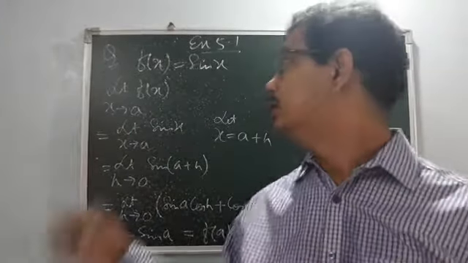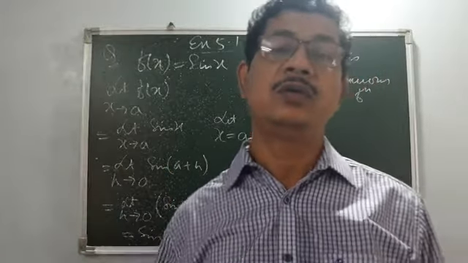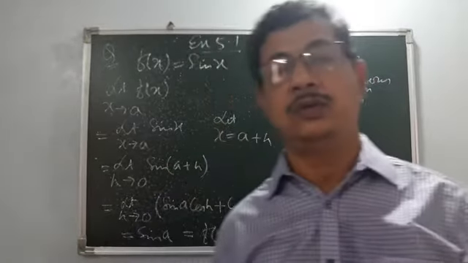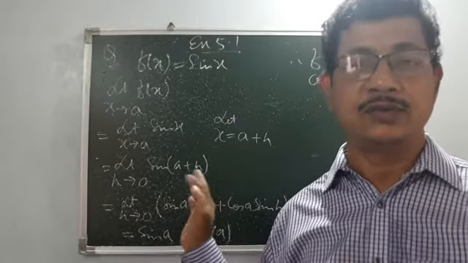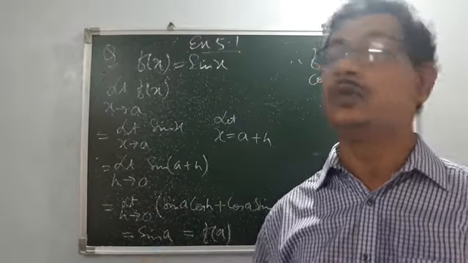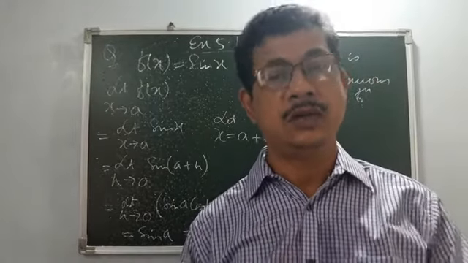If you put f(x) equal to cos x, we can do it in a similar way. Next class we will do question number 21. So with that we end today's class.